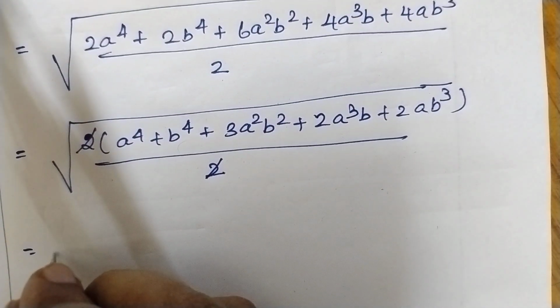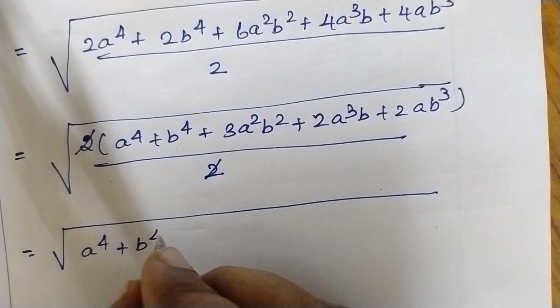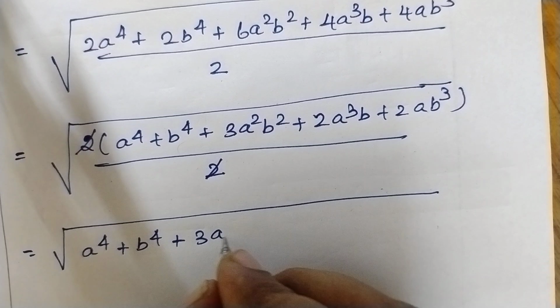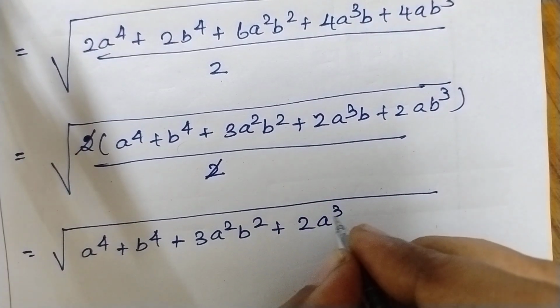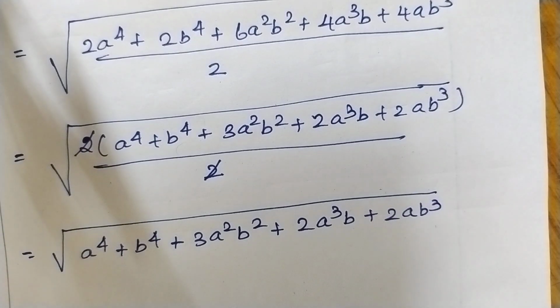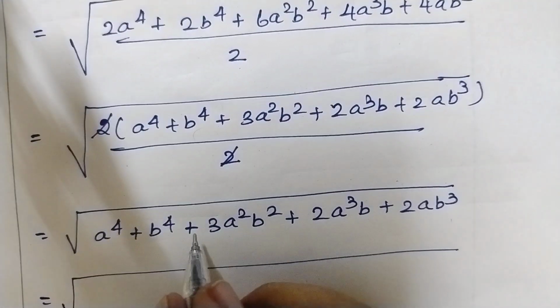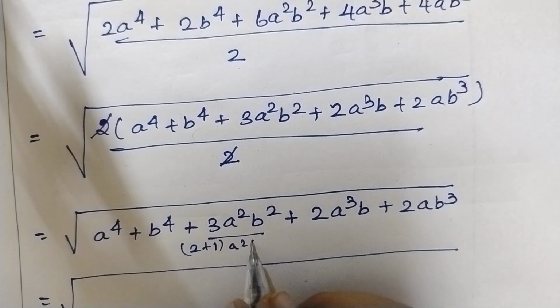Therefore, which is equal to the square root of a power 4 plus b power 4 plus 3a square b square plus 2a cube b plus 2a b cube. Okay, so now I am going to split this as 2 plus 1 of a square b square.